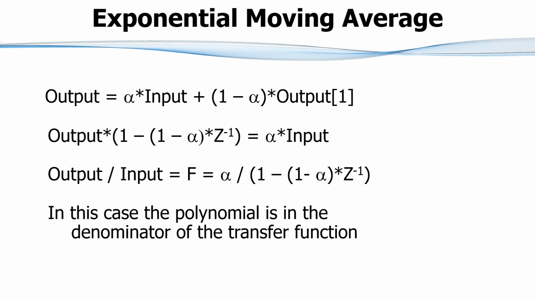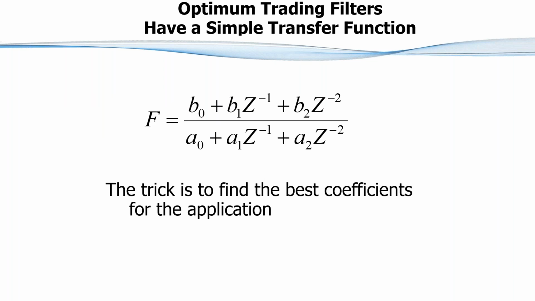So we have two kinds of transfer responses by just examining the simple moving average and exponential moving average. One has a polynomial in the numerator, and one has a polynomial in the denominator. And so if we look at the most general kind of transfer response, it looks something like this, with a second order polynomial in the numerator and second order polynomial in the denominator.